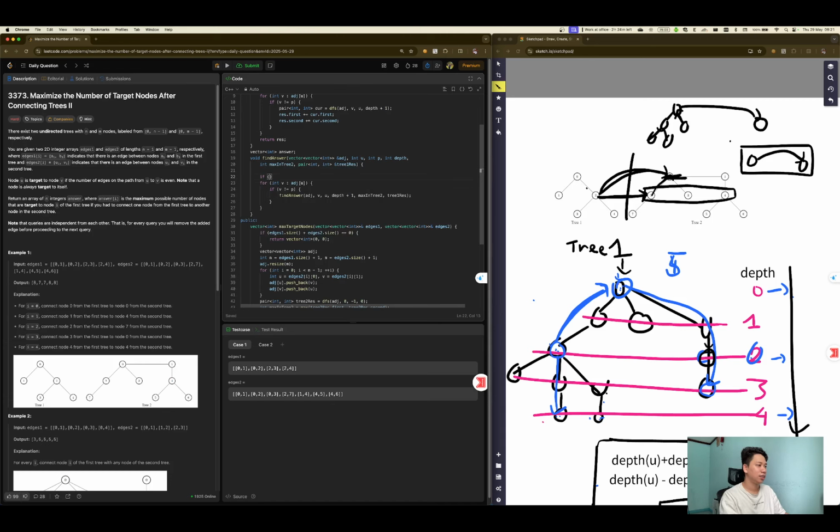Test the same case as this, and also this. These are the test cases we need to test. It's in the code. Oh, so we don't have this case. Oh my gosh, we don't really care about it. Okay, so we don't really care about this case. So make it easier.